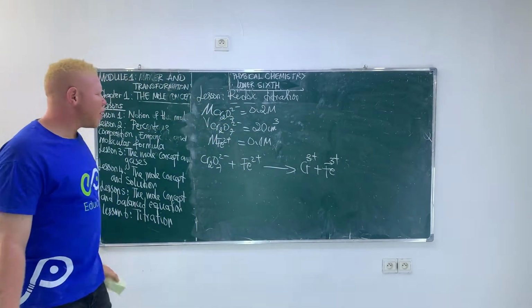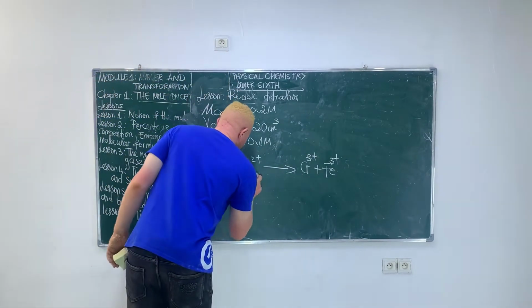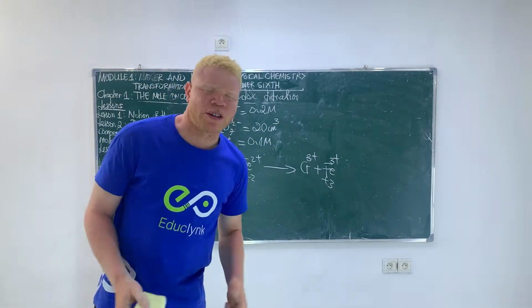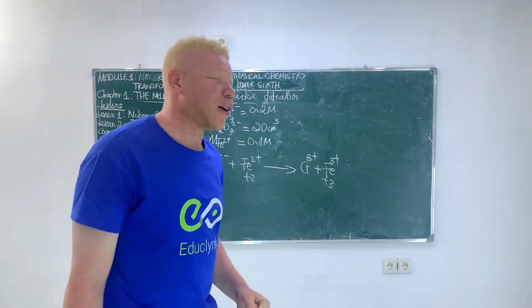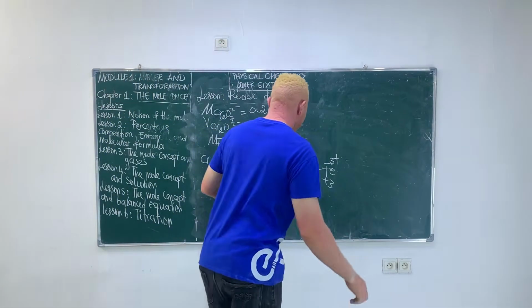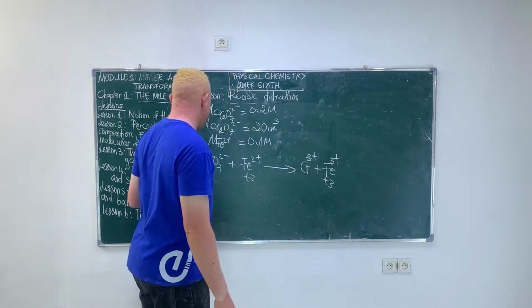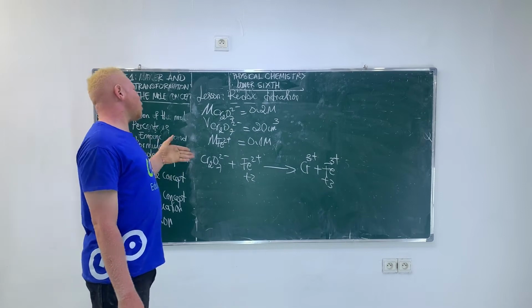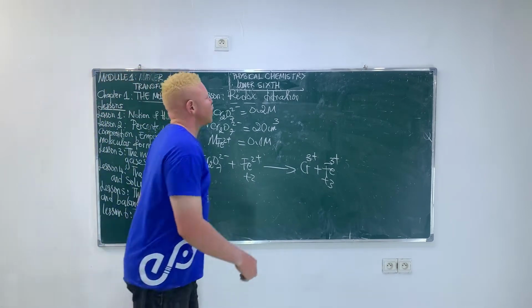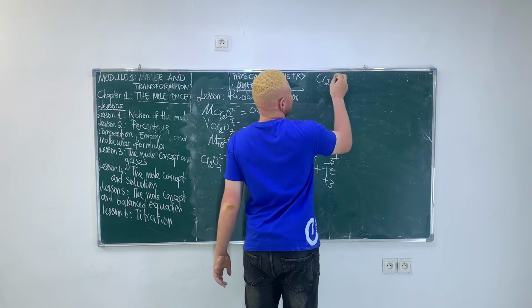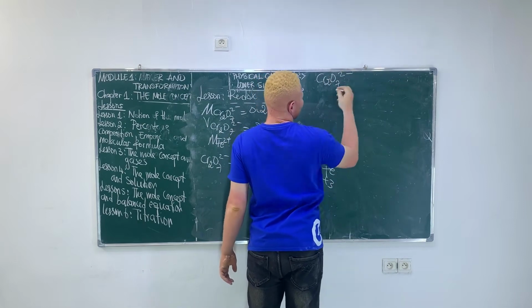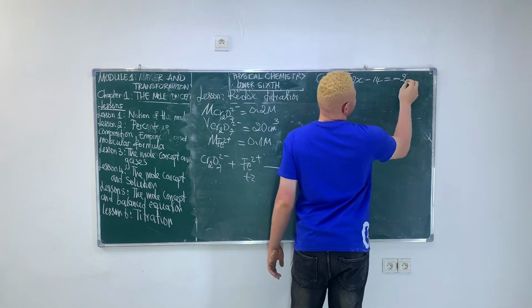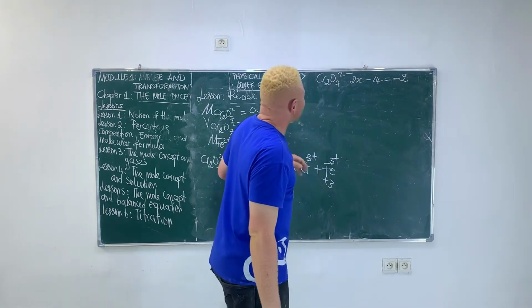So we realize that iron is oxidized. Iron moves from plus 2 to plus 3. I told you earlier that oxidation is an increase in the oxidation number. So iron 2 is being oxidized, and what about the chromium? Here we look for the oxidation state of chromium in Cr2O7 2-.